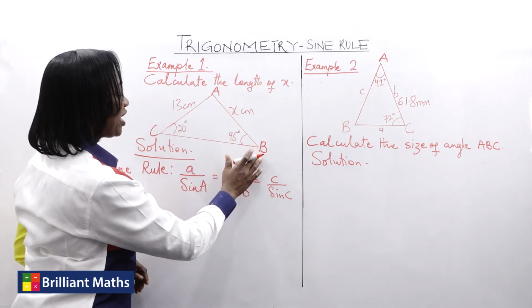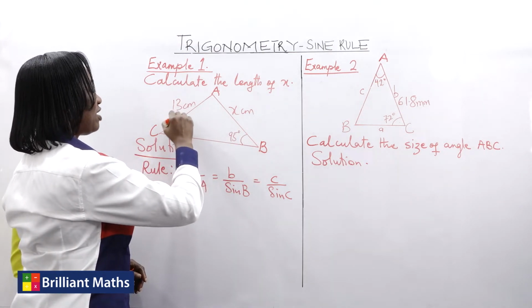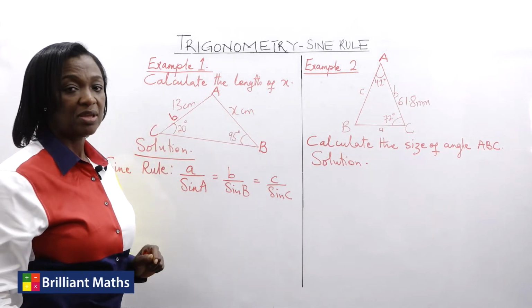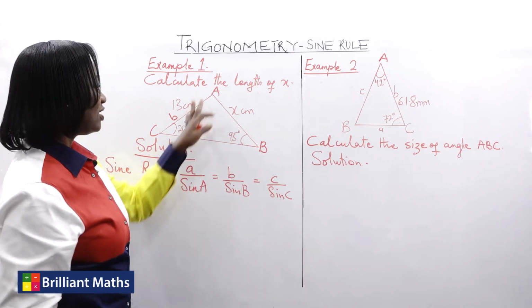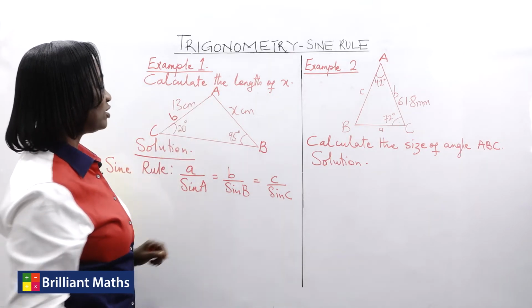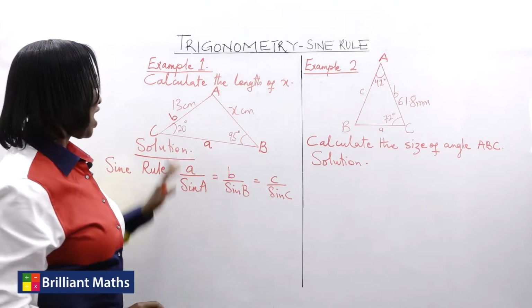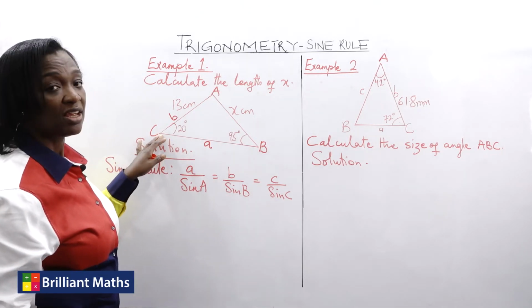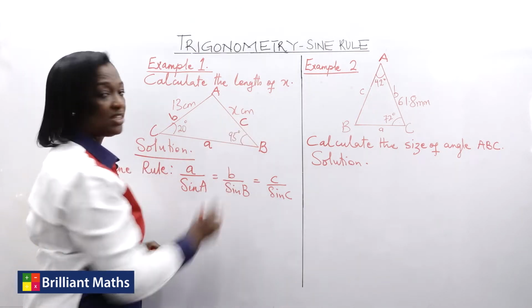So that's angle B, so this side is opposite angle B. That will be our side b, lowercase b. That's angle A. The length opposite that angle will be lowercase a. And then angle C, the side opposite angle C will be lowercase c.